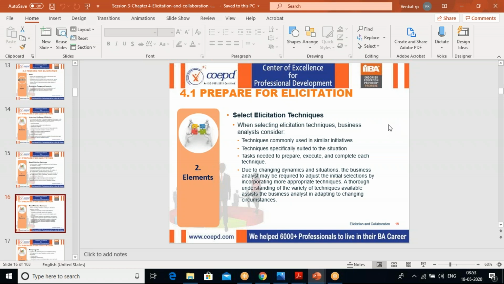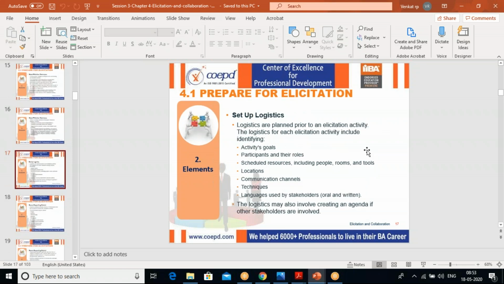Here we will be looking into the context in which we are going to do it, and the result we are going to achieve, and then based on the current situation, context and present dynamics, we are going to choose an elicitation technique. Okay, fine, this is what we are going to say.